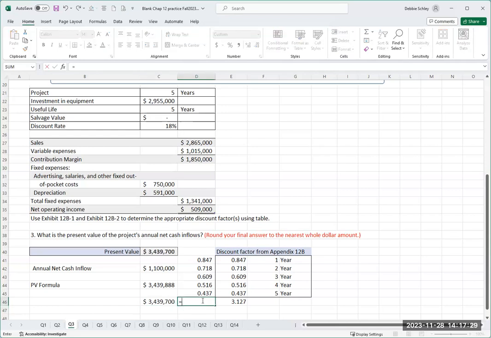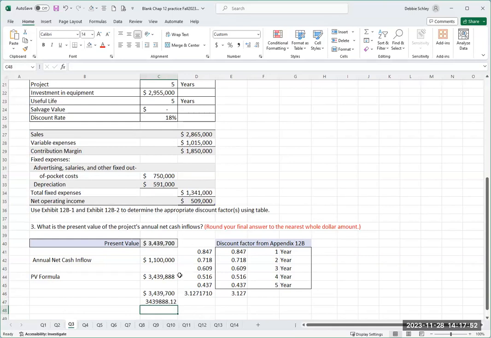But if you look at this one, because this is the one where I did the hard input, there's lots more decimals. Let's just try that out. Equals this times not the hard input, and it comes up with that same number from the PV formula.